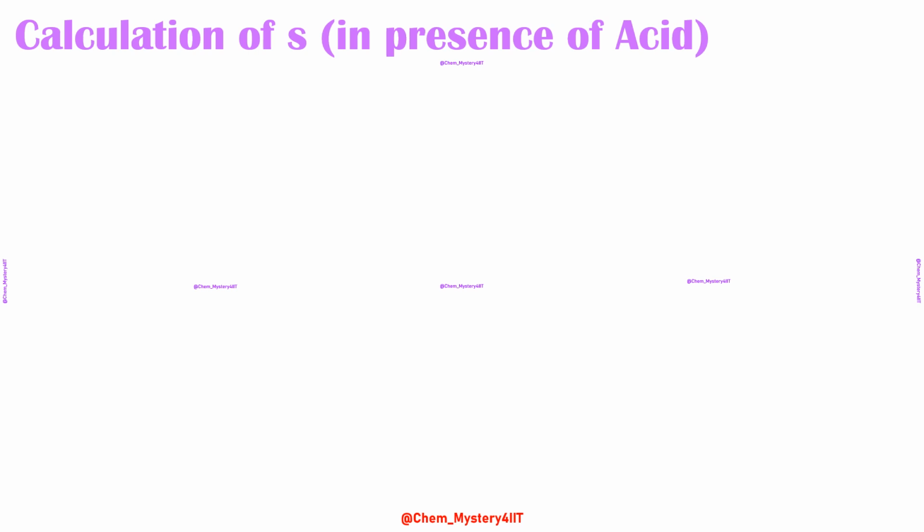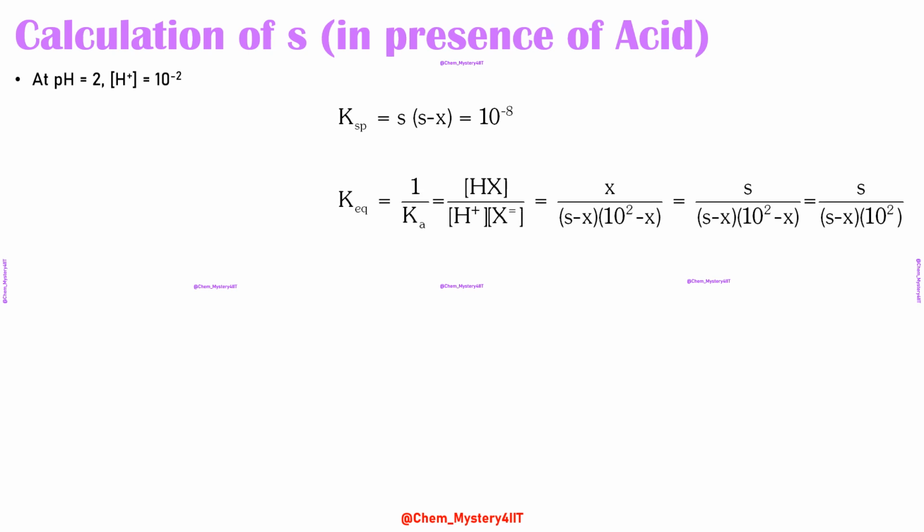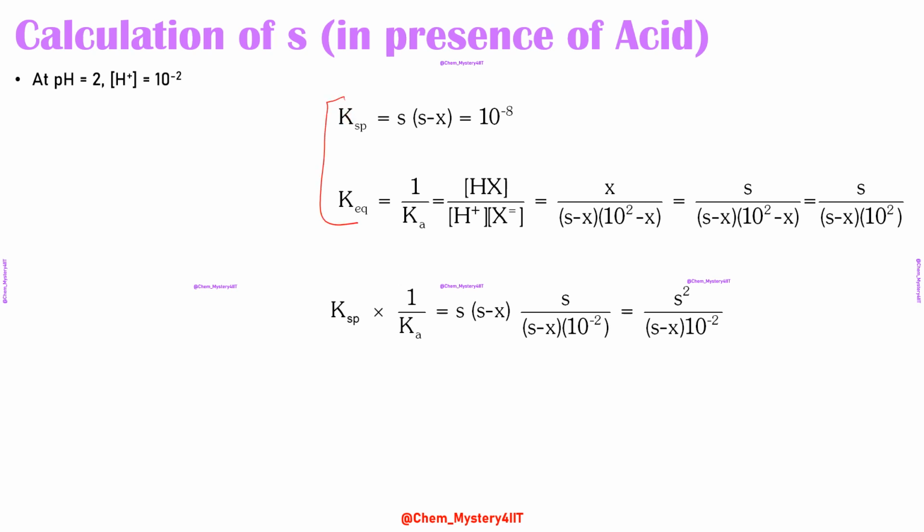So at pH 2, we now have two expressions. Ksp is defined and K equilibrium is also defined. So we are now multiplying these two expressions so that we can evaluate the value of S. So this becomes Ksp by Ka, and this turns out to be S square divided by S minus X times 10 raised to power minus 2.